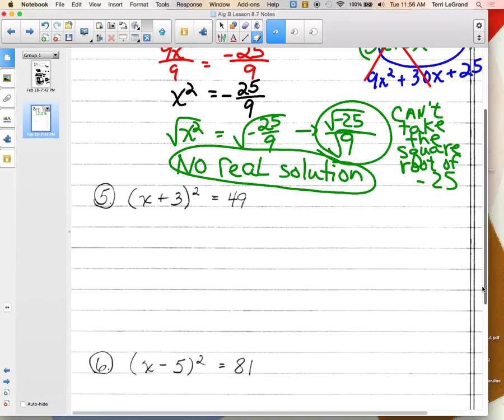So we're just going to go right to work saying I can take the square root of that. Because if it's a factor times itself, the square root is that factor. So what's the square root of x plus 3 times itself? x plus 3, yeah. It's x plus 3.